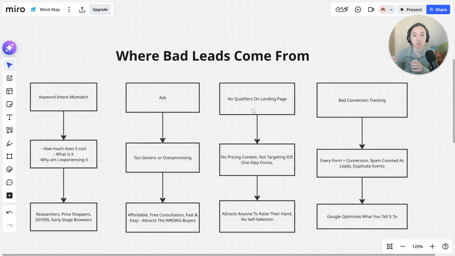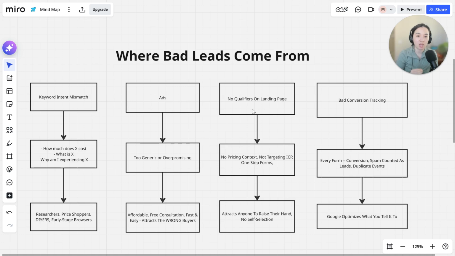Honestly, if you're just making it super easy, you're attracting anyone to just raise their hand, there's no self-selection, and there should be, especially if you want to deter people that are not good quality. Definitely want to pre-prime them and pre-condition them so they know what they're getting into.